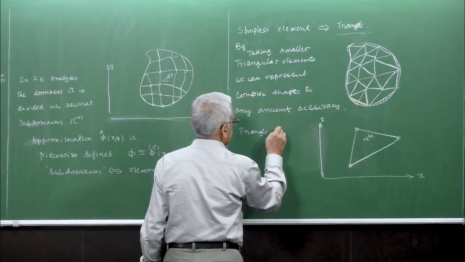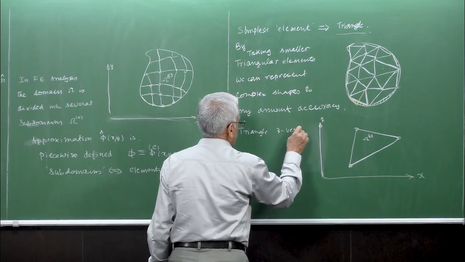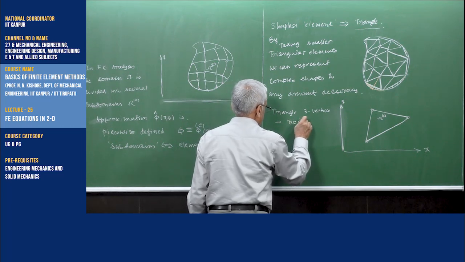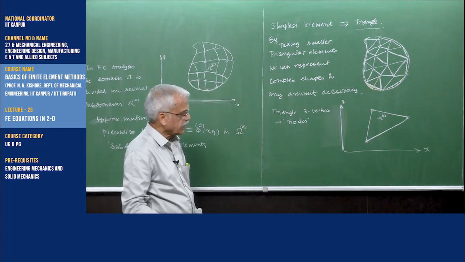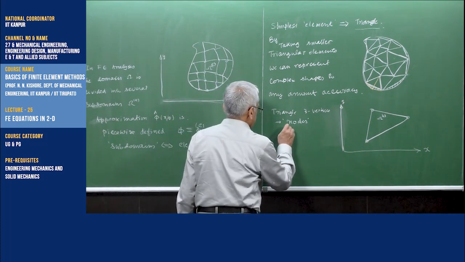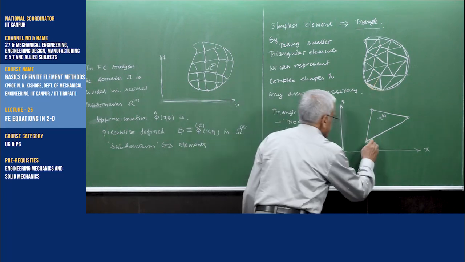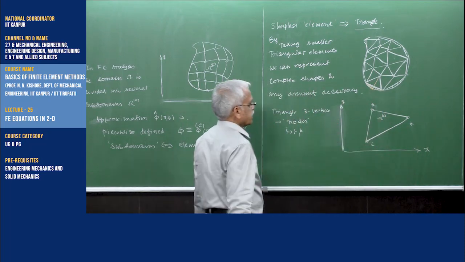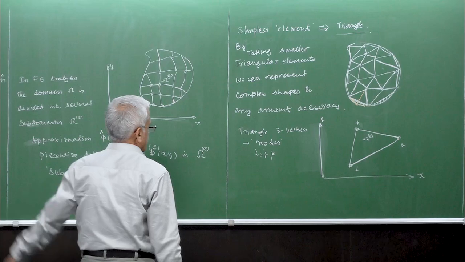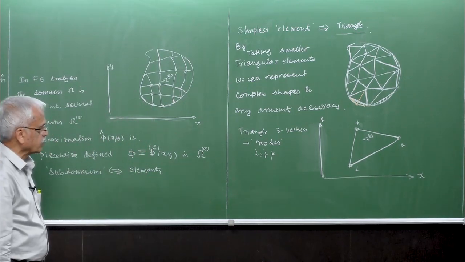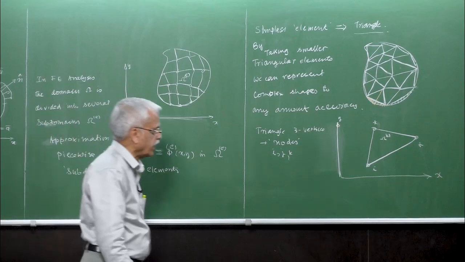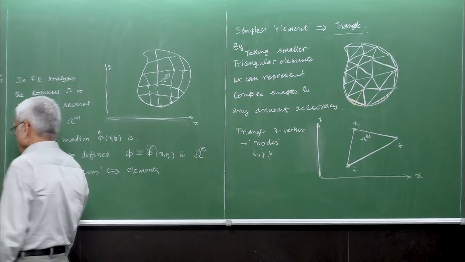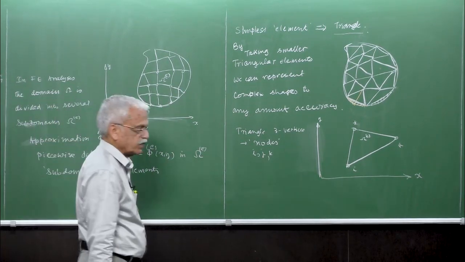Let the triangle have three vertices here, which are three nodes, which we call for the moment, say i, j, k in general. So this is i, j, k. Please don't get confused this k with this K here. This K there is the conductivity matrix. So this is i, j, k, right? So this is the triangle with 3 nodes. There is also another consideration which we are just going to talk about.